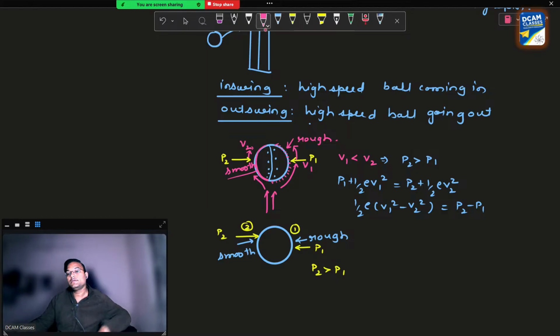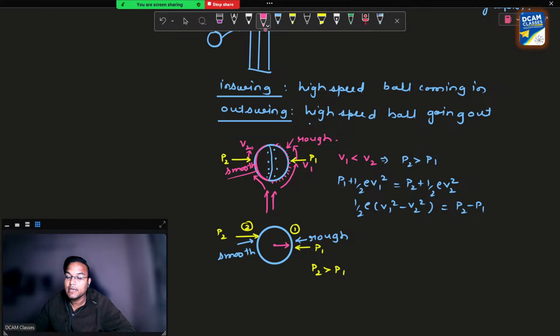Because of this, the effective force on the ball will be towards the right, which will be (P2 minus P1) into A. So the ball will tend to move rightwards.